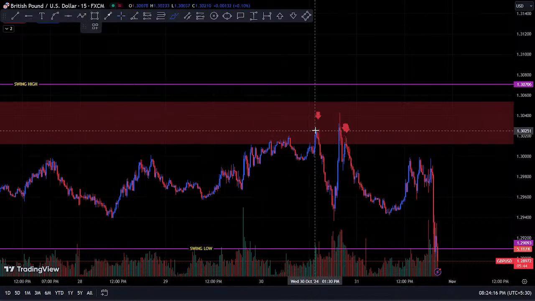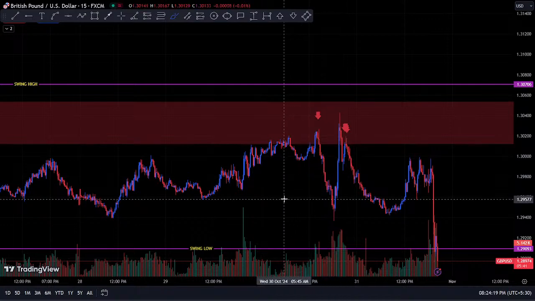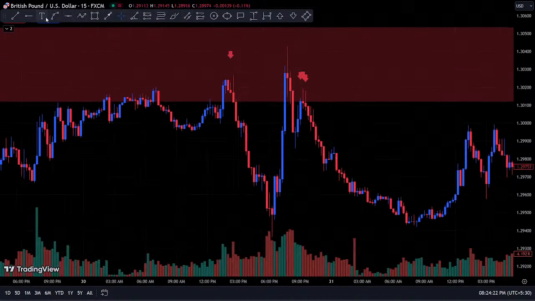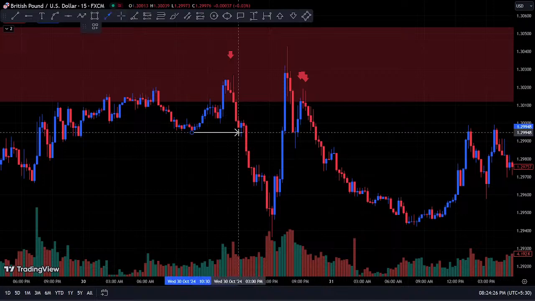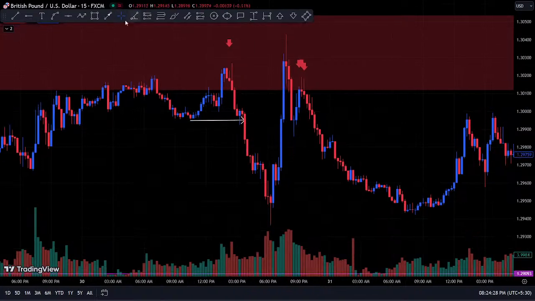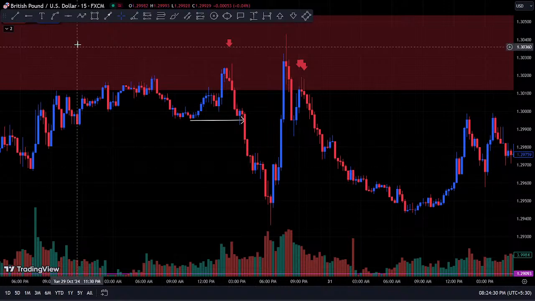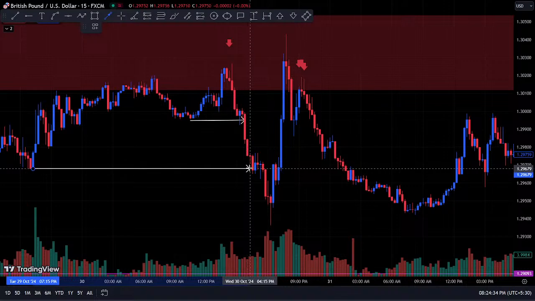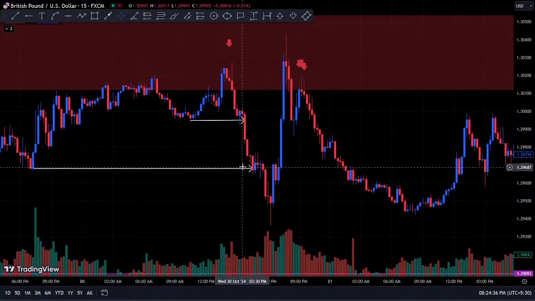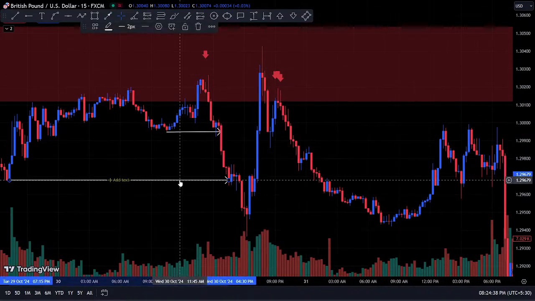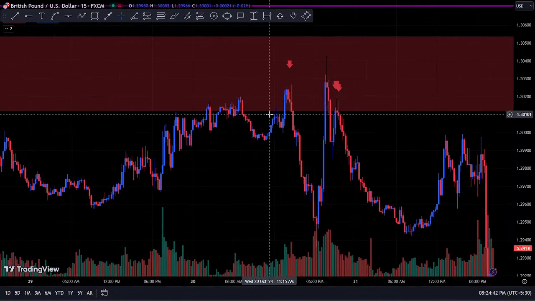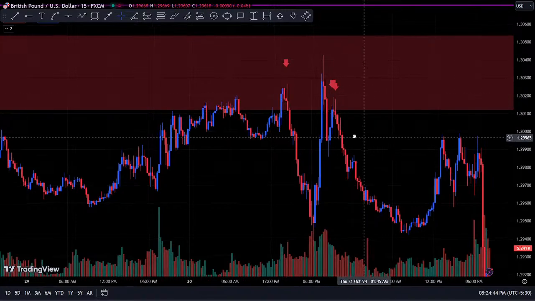So I look for a change of character in the medium time frame, which is this, and for extra confirmation, you can also take this. Once I get a confirmation of the change of character, which is a candle closure below our zone, that is when I know we have a legitimate, proper, logical supply area.